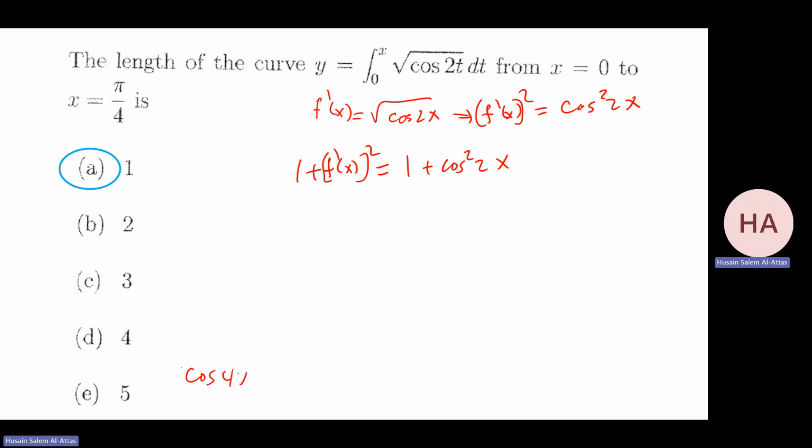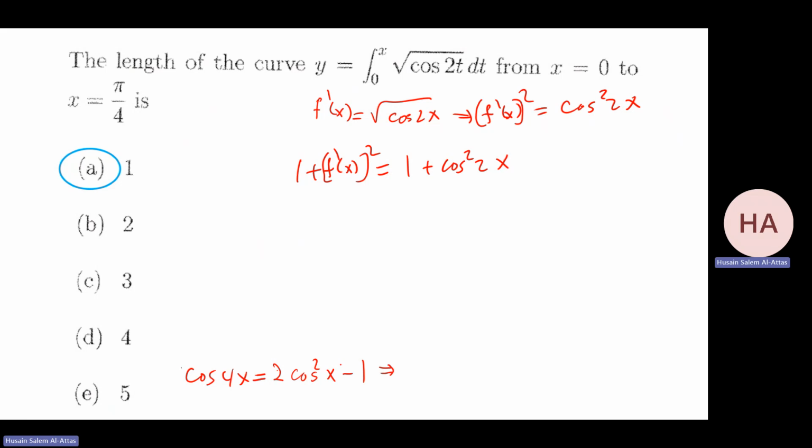I will go with cosine 4x, what is cosine 4x? 1 plus cosine square 2x. Is it plus? Yeah. I'm afraid I need to do an integration method. Let me double check. Let me try to do it by easy things. Cosine 4x is what? It will be 2 cosine square 2x minus 1.